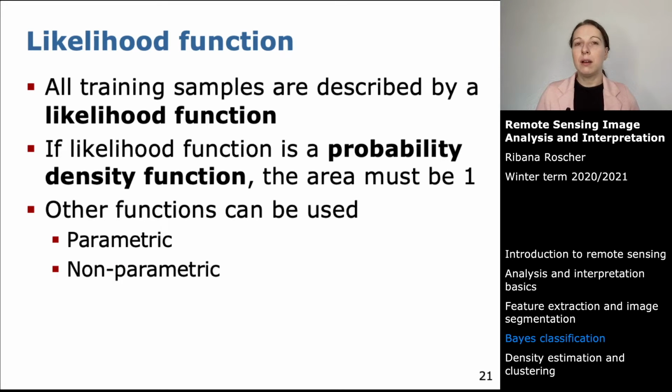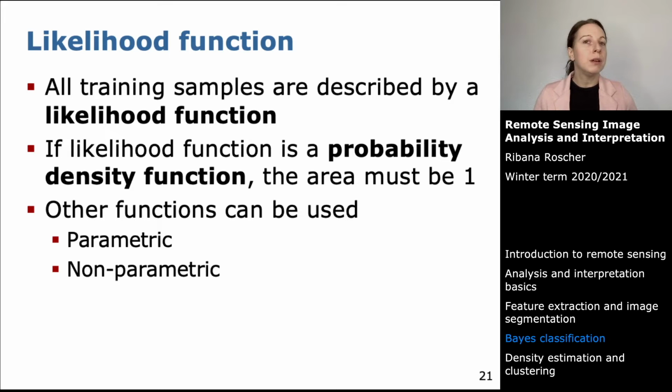If you would have two such likelihood functions for each class, and you would get a value from exactly the same position, that means for the same feature, then you could normalize these two values, and then you would end up with a probability. I will talk about this in more detail later on the slides, because when we talk about Bayes' theorem, you always have a choice if you only want to have a value for a decision or if you want to have a probability. But for now, let's focus on the likelihood function.